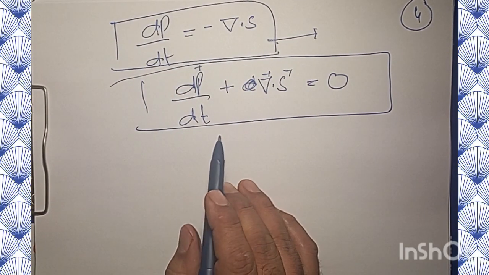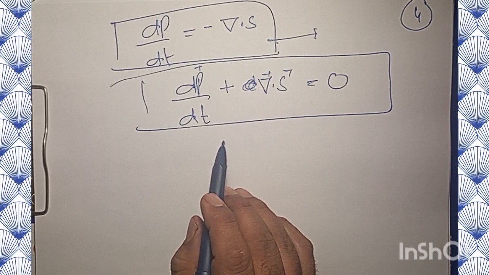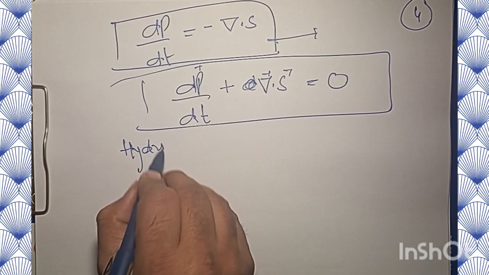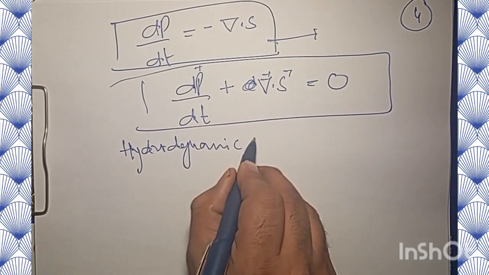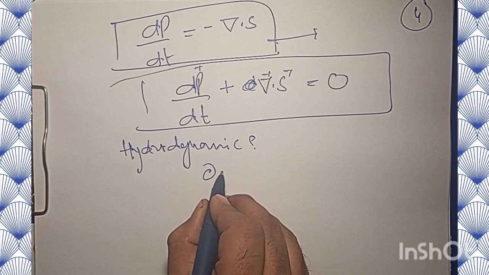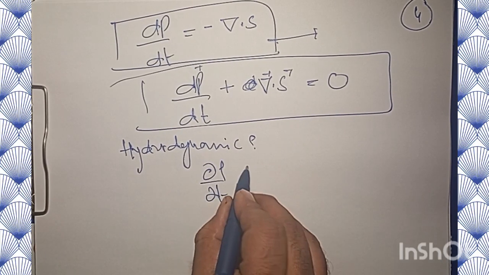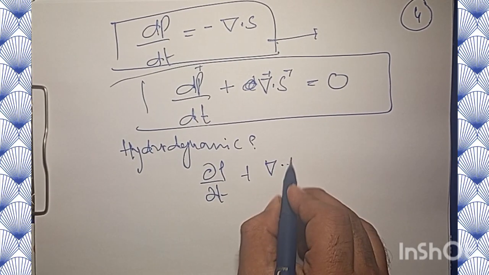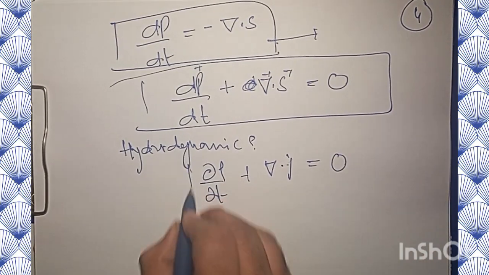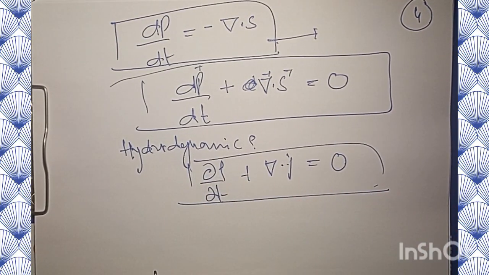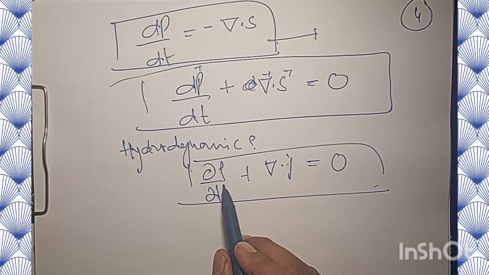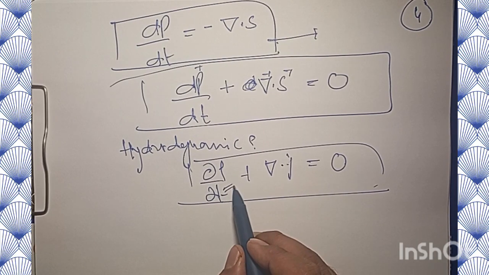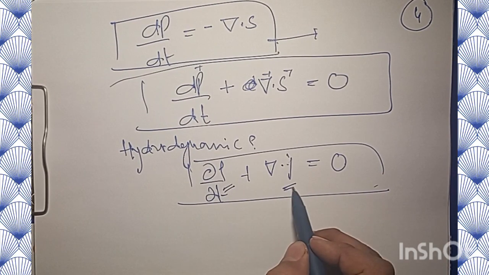This equation is very much analogous to the well-known equation from hydrodynamics, ∂ρ/∂t + ∇·J = 0, where ρ is the fluid density and J is the current density.